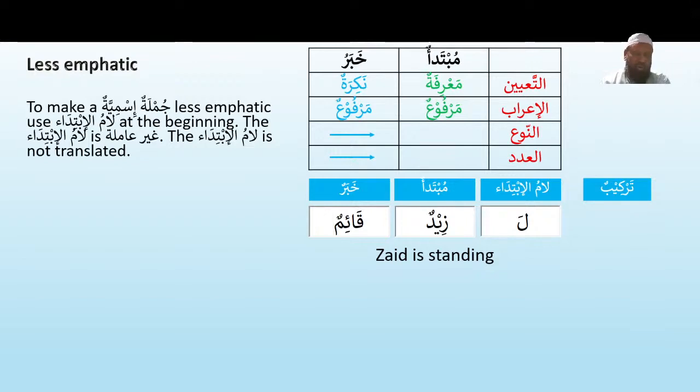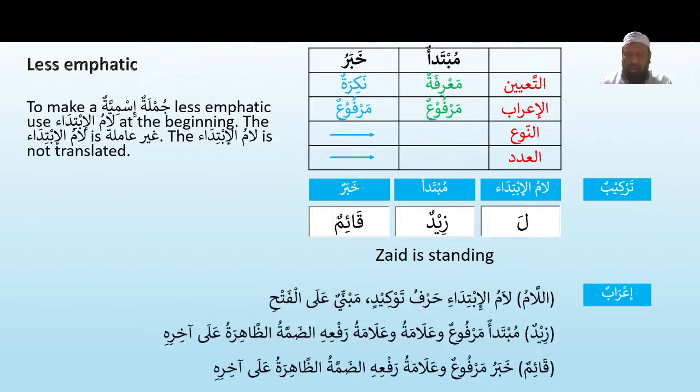As I said, although we don't translate the lam, we can see there's a little emphatic there. La zaydun qa'imun. Okay. The i'rab will be: allamu lamul ibtida'i harfu tawkidin. You can add the harfu tawkidin. It gives a little emphatic.